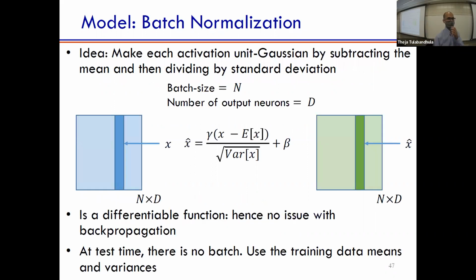So what is batch normalization? There are two words there, batch and normalization. This is an idea which really uses the idea of a batch of training examples. Remember, we used the word batch in batch gradient descent, where we were saying you don't have to look at all the examples.